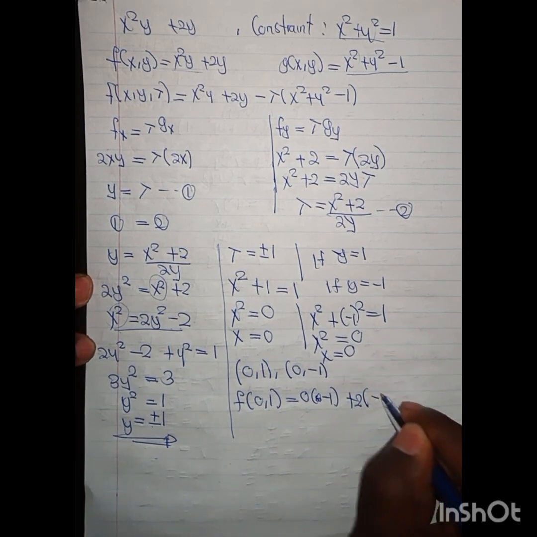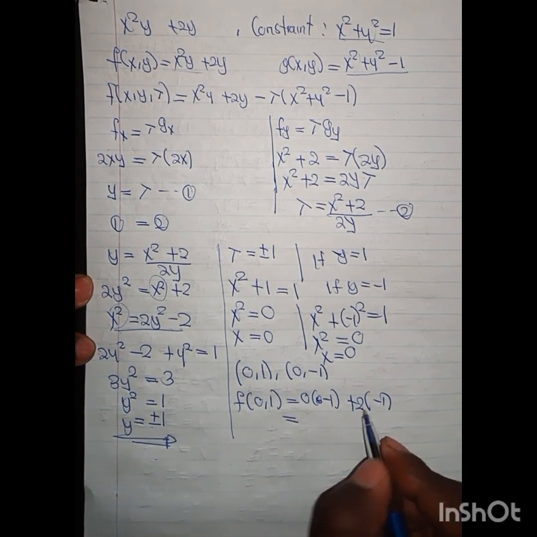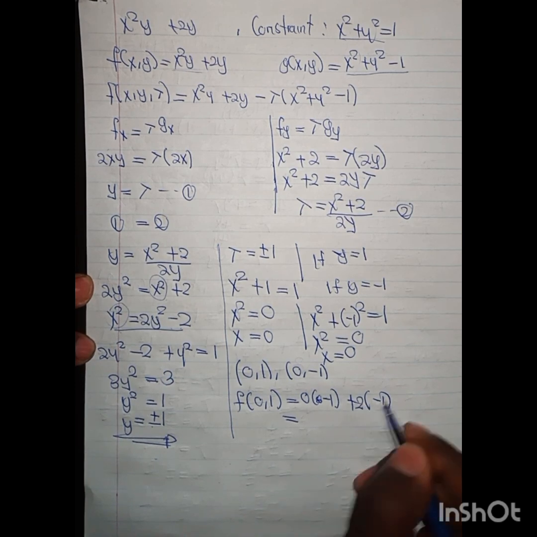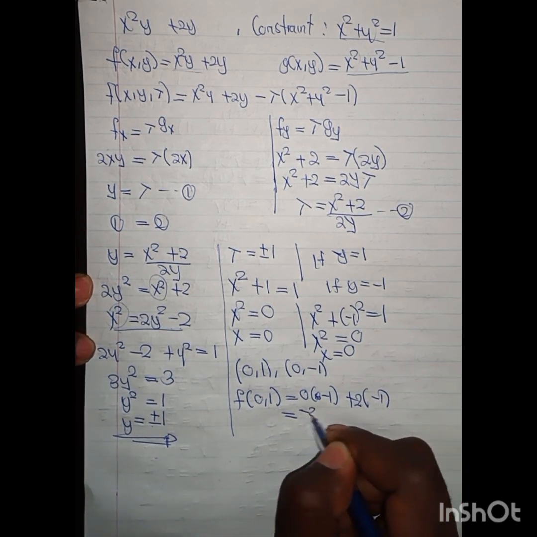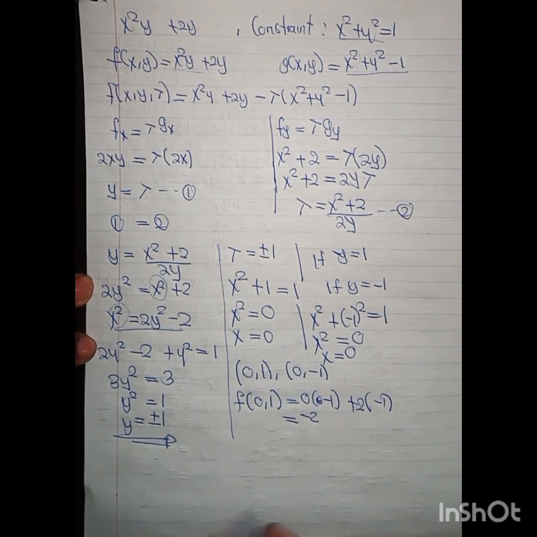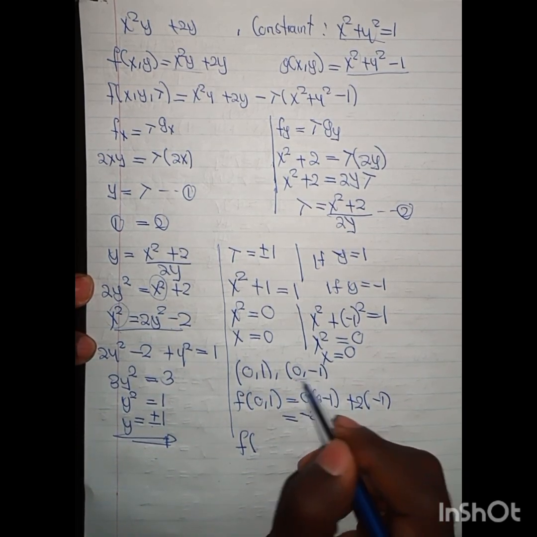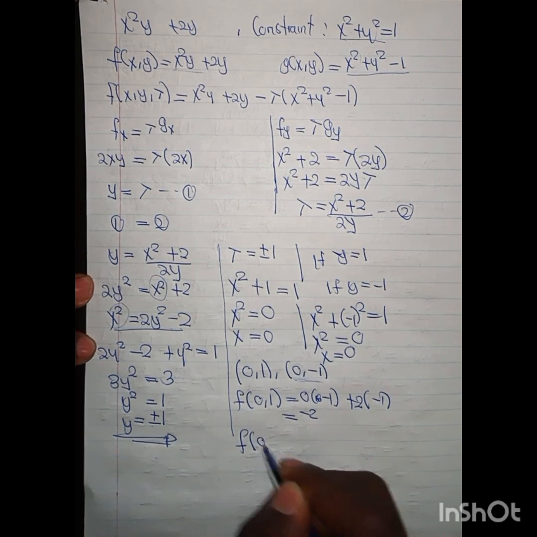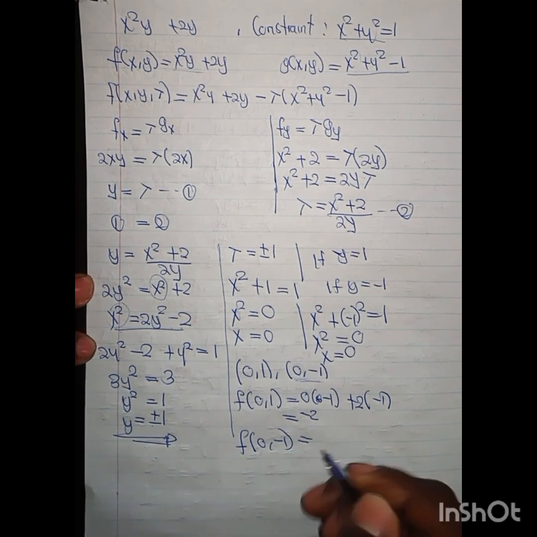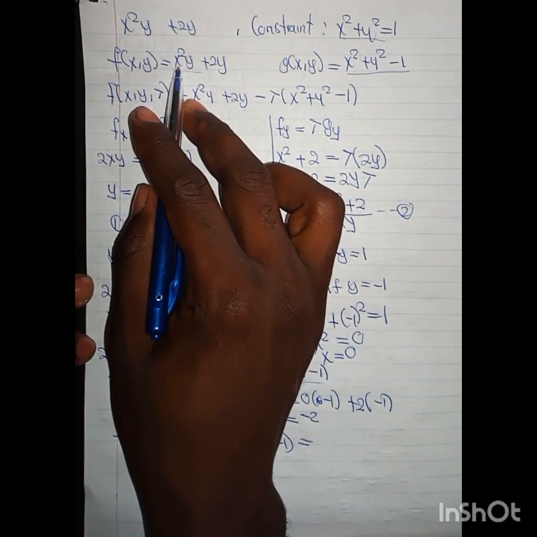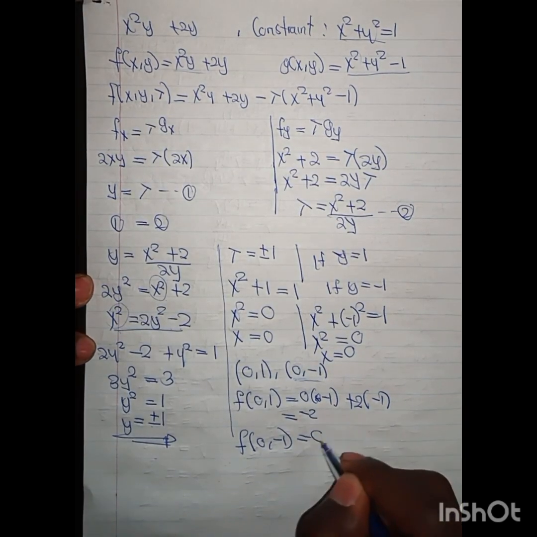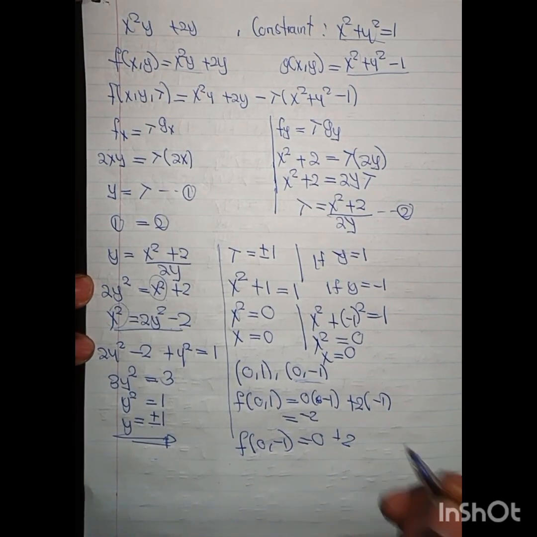Y is minus 1, and then this is 0. 2 multiplied by minus 1, I get minus 2. So it's negative 2. And then let me also substitute using this point, when x is 0 and y is minus 1. X is 0, it means I'll have 0 plus 2.